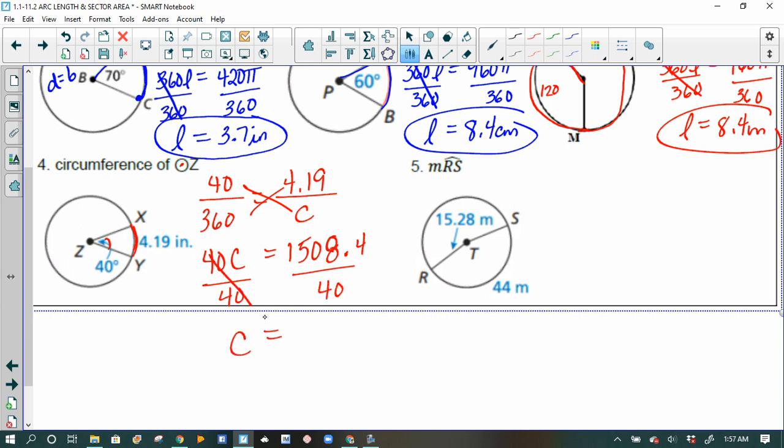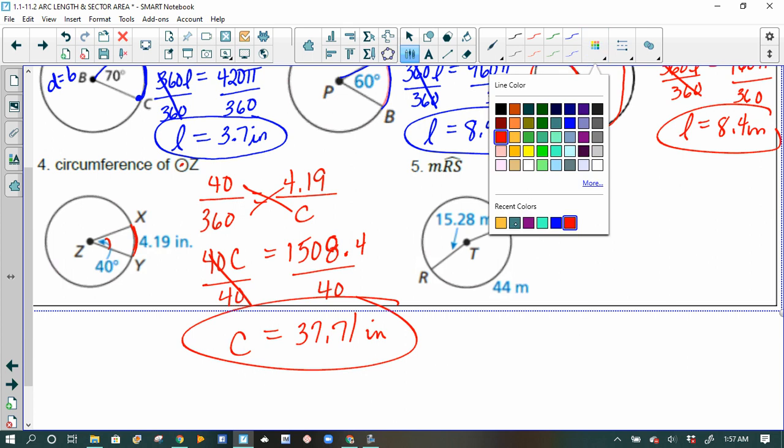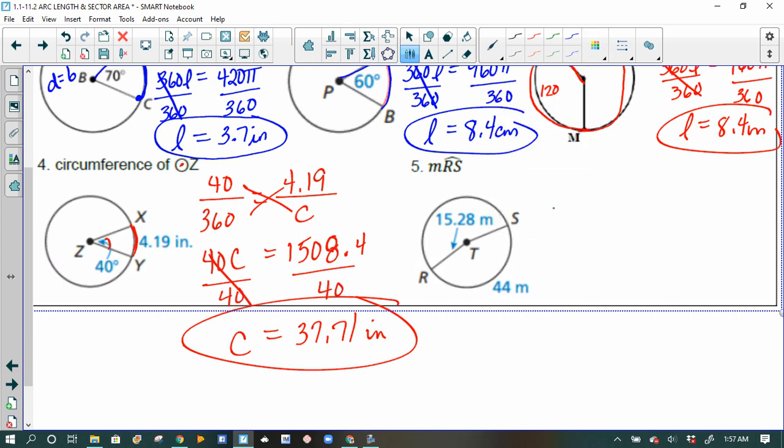Circumference is 37.71, and that is inches. So no matter what I give you, whether I give you the arc length or if I give you the circumference, if you put the numbers in the right spot in the formula, then all you do is cross multiply. So let's do this one more time.